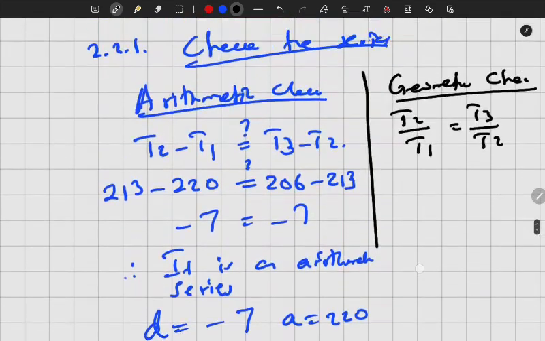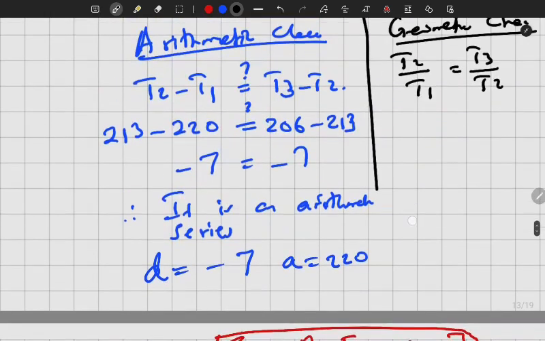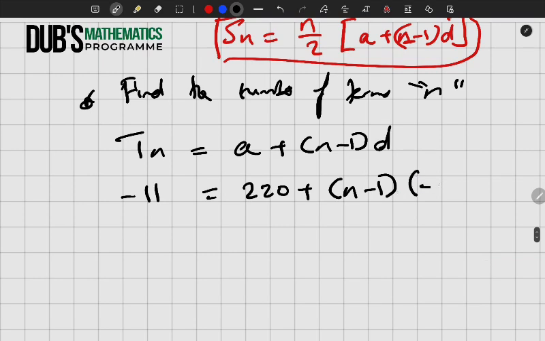Expanding out the bracket, minus 7 times n, we get a minus 7n. Minus 1 times minus 7, we get a plus 7.